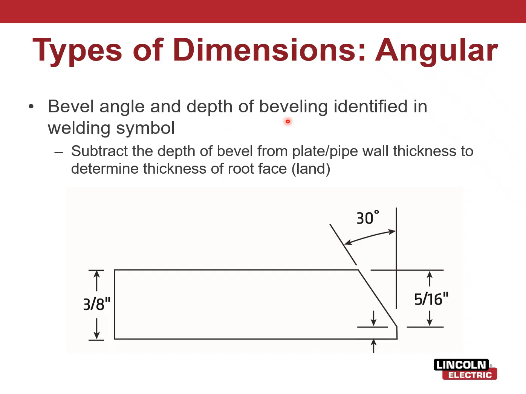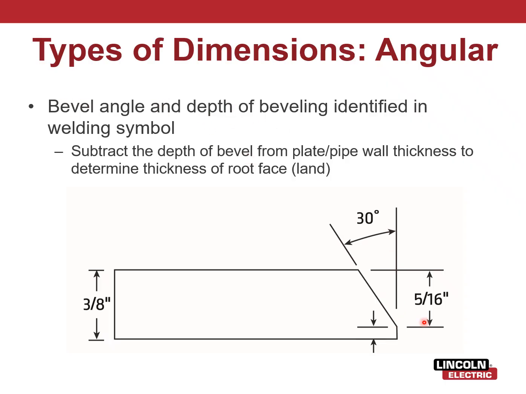The bevel angle and depth of beveling should be identified in the welding symbol. You would subtract the depth of the bevel from the plate or pipe wall thickness to determine the thickness of the landing. Coming back to you structural guys, when you're prepping your material for your qualification plate, you'd be looking at a WPS, and hopefully you're going over that in your structural class as well, to find the bevel angle and the depth of the bevel.